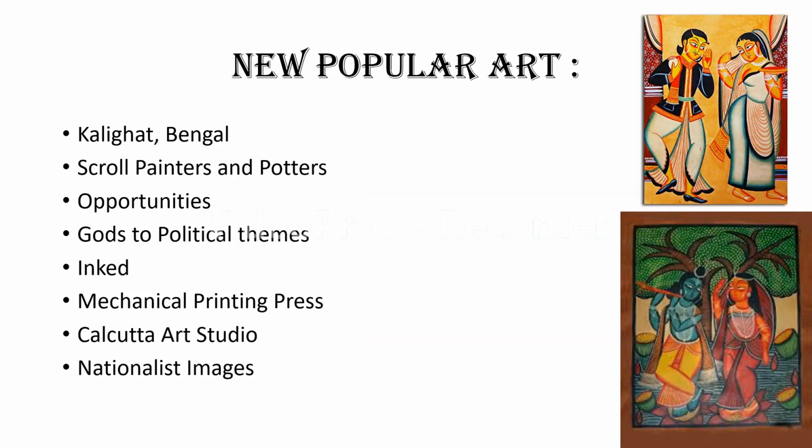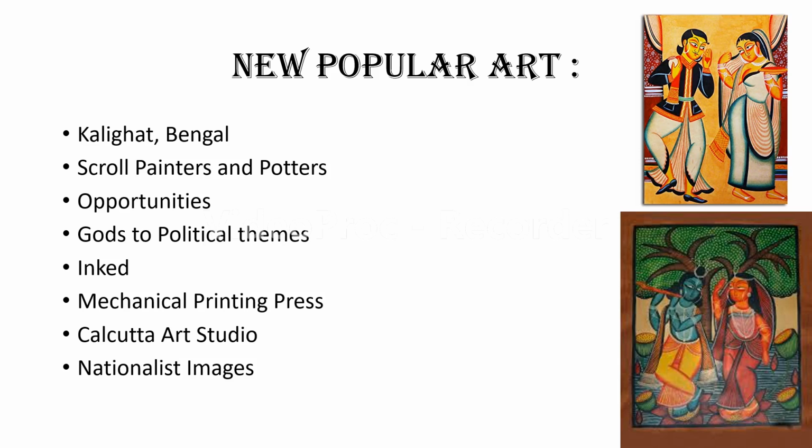New popular art. During the 19th century, a new world of popular art developed in India. In Bengal, around the pilgrim center of the Temple of Kalighat, local village artists like scroll painters, popularly known as patuas, and potters, known as kumors, developed this art.